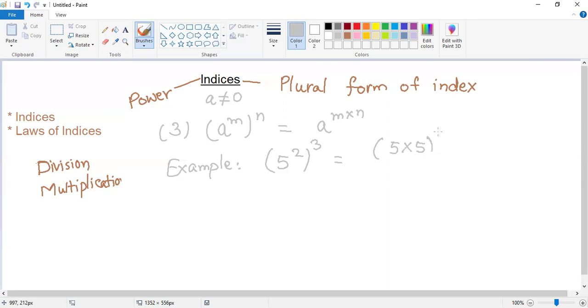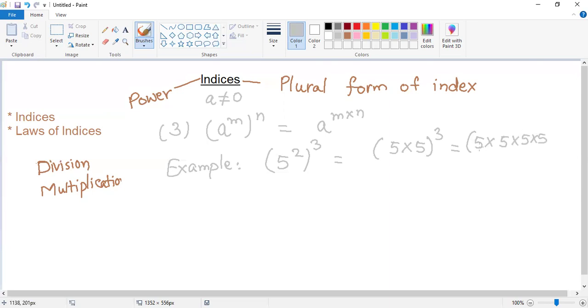Now, when you are done with this, you are left with this power 3. Now you have two fives already, and you need to write this 3 times. So if you have two fives and you are going to write this 3 times, how many fives are you going to have? 6 fives.